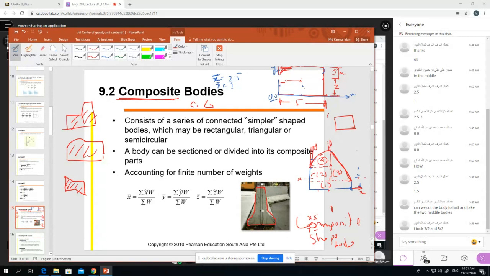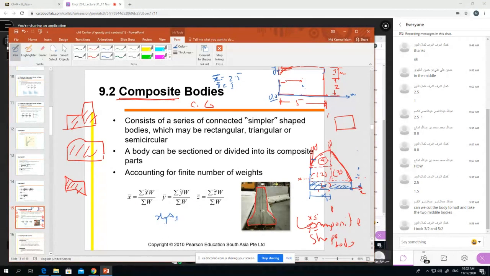Now we find each one's center, right? We find the center for, suppose, this one. The area of this one, we say 1, is A1, and its center is here, at distance x1.